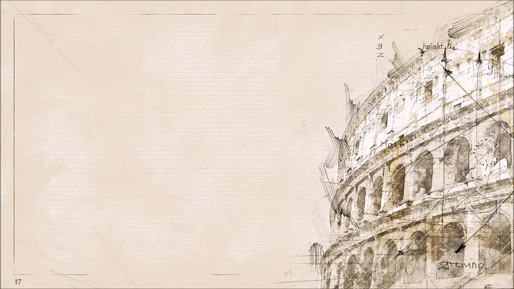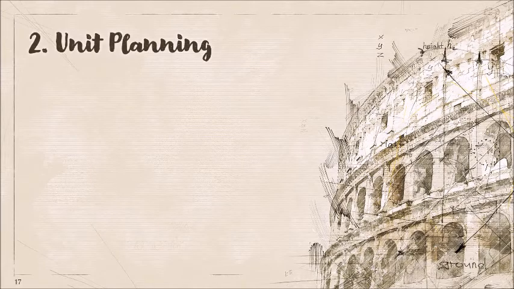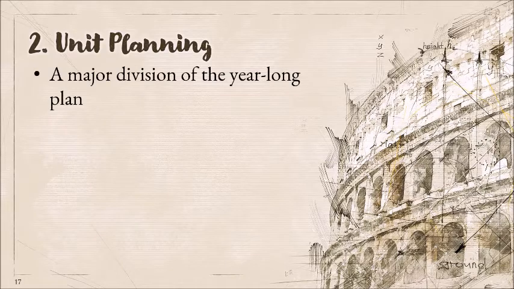Let's now proceed to the second type of instructional planning, which is unit planning. Pag sinabi nating unit, ibig sabihin isang pangkat or portion or a major division of the year-long plan. Kanina kasi sa long-range planning, yung plano ay pangbuong taon.